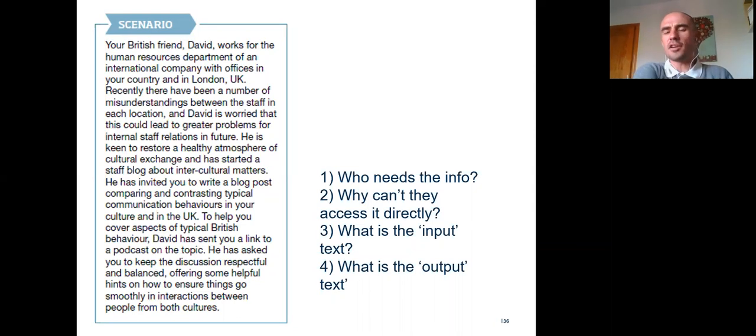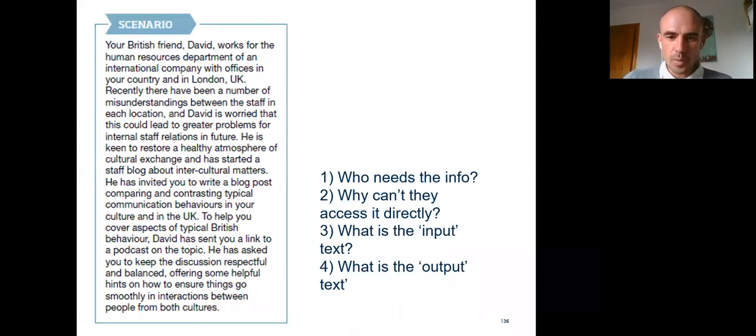Why can't they access it directly? I think this one's a little bit tougher. Maybe they can access some of it directly, but not all of it. About number 2, any thoughts? Yeah, cultural barrier. They're from the UK, so Isabel, right? So maybe they can access the information about the British culture, but they need you to provide the information about other cultures.